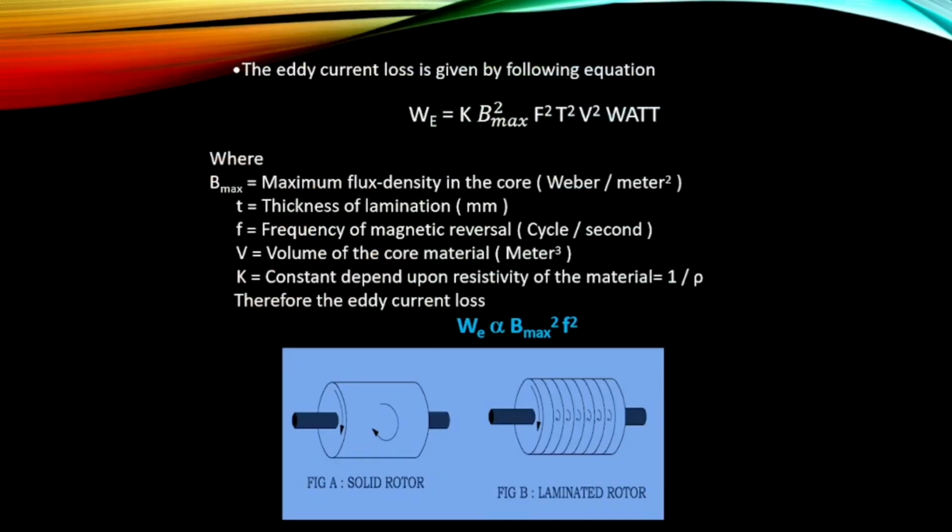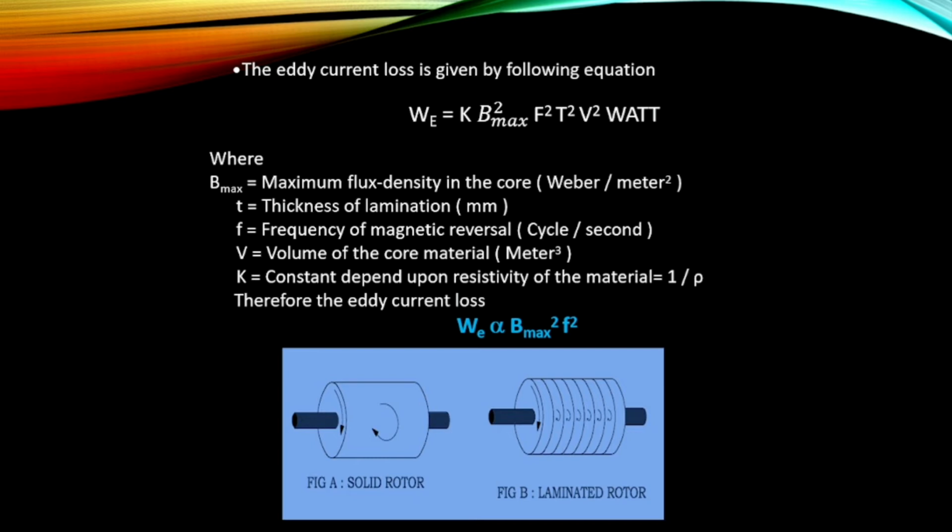Now the eddy current losses are given by the following equation: We equal to K into B max square into F square into T square into V watts, where B max is the maximum flux density in the core, units Webers per meter square. T means thickness of the lamination, millimeter.